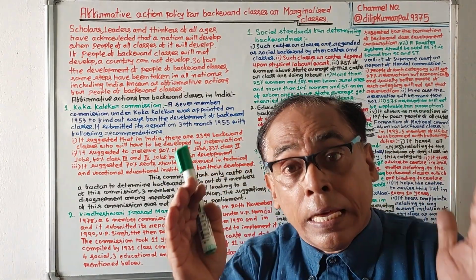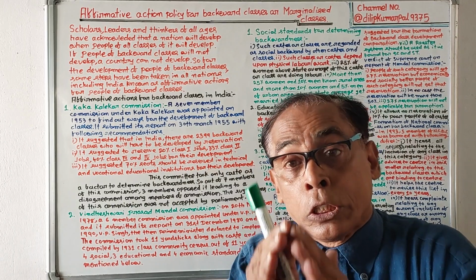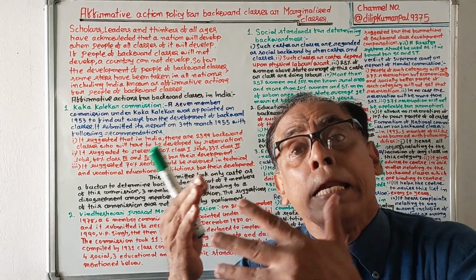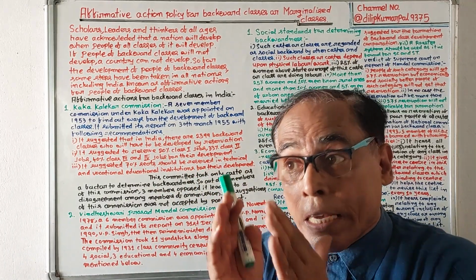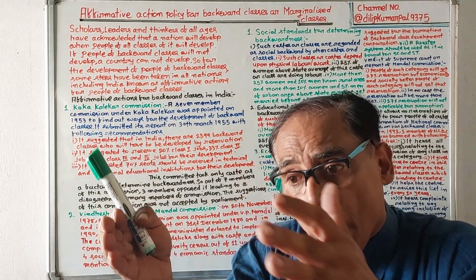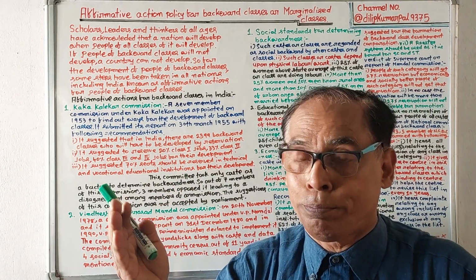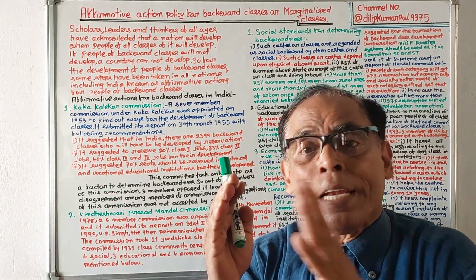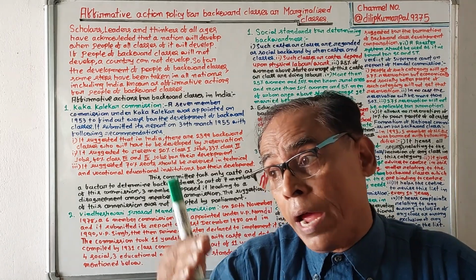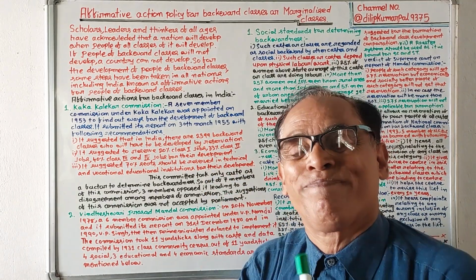It is realized by thinkers, scholars, leaders of all ages that a country will develop if all the people within the country will develop. If in a country people of some class will develop and some class will not develop, that country will not develop.